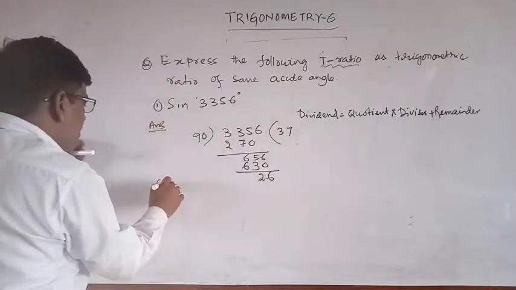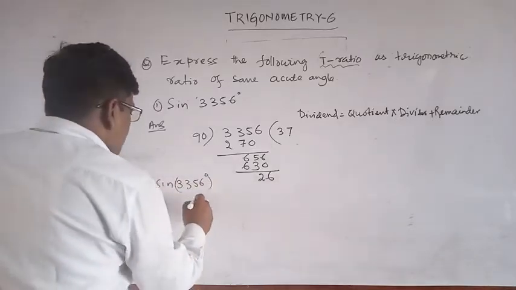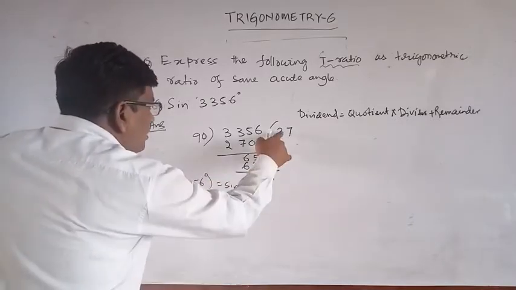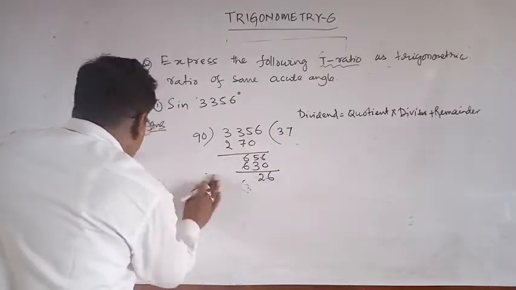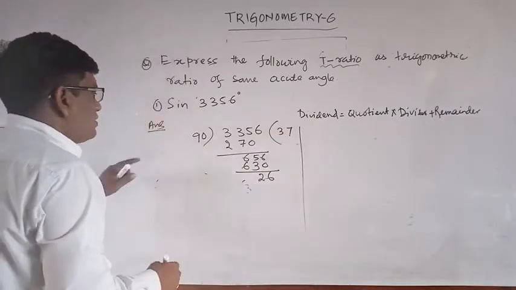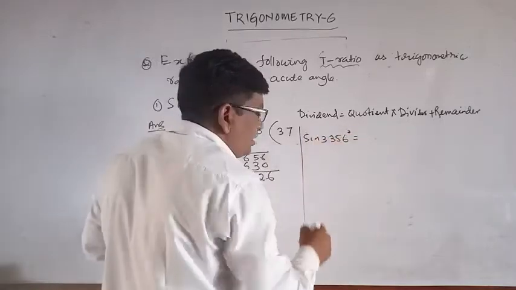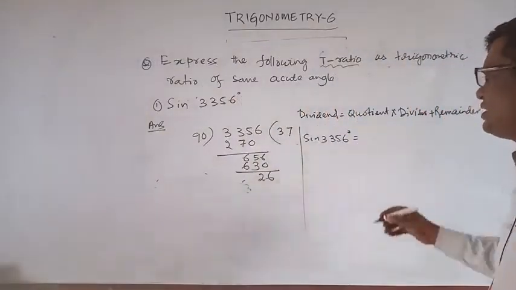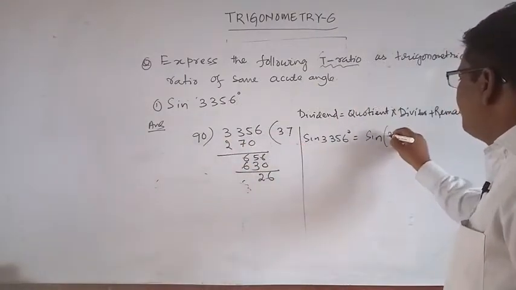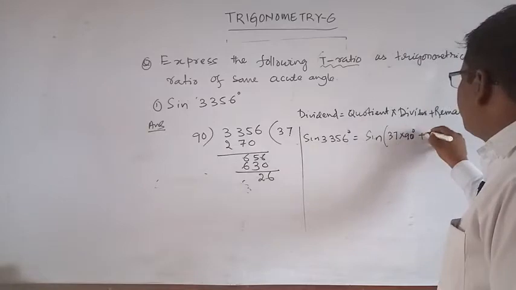So sin 3,356 degree can be written as sin of 37 into 90 degree plus 26 degree.